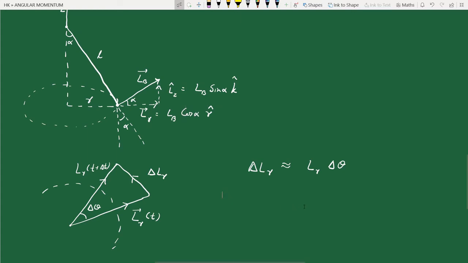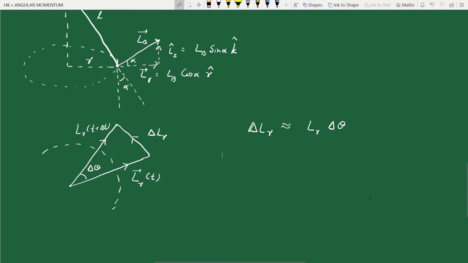Within a small time delta t, the angle changed is delta theta, and delta theta will be very small when delta t is small. So we can approximately write this delta LR as the arc length, radius times angle, LR into delta theta. Let's divide both sides by delta t. So this is equal to LR delta theta by delta t, and let us take the limit delta t tends to 0.